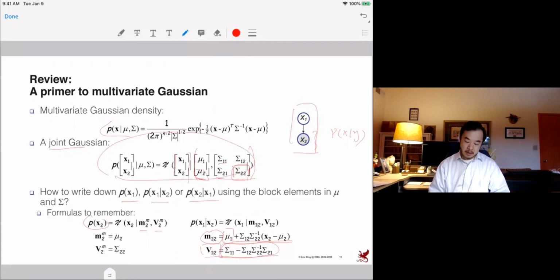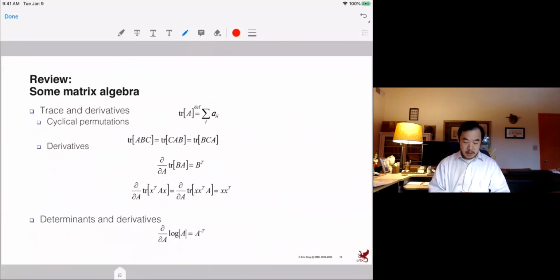Okay. All right. And there are some other matrix algebraic rules I want to just put here in case you are interested. For any matrix, which is a table of numbers, you can define its trace by basically summing over all the diagonal elements. And then there is also a rule called cyclic permutation.